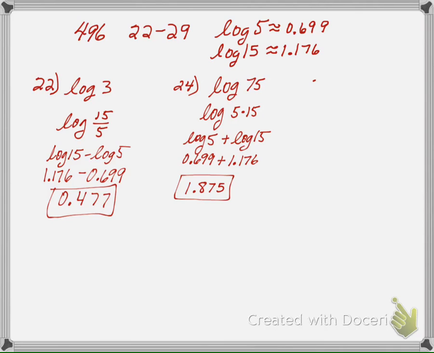How about 26? Because this is an example of when you don't need to use both. What's that finding the log of? 1/5? Okay. So for this one, you don't have to use both numbers, 15 and 5. Now you are allowed to use any exponent you want. You aren't limited to just using 5s and 15s as exponents.